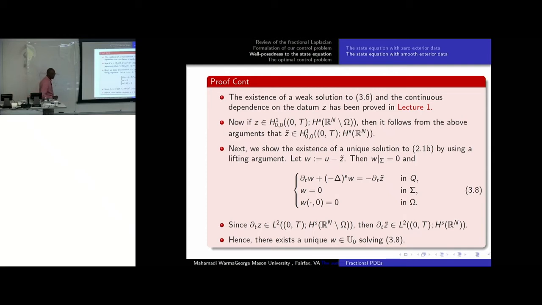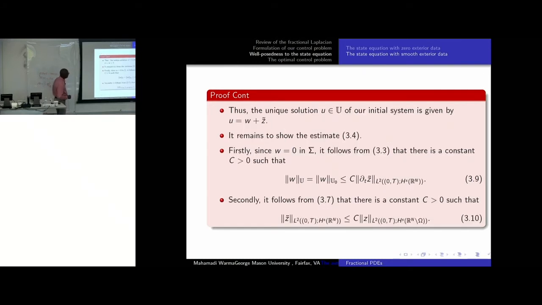Okay? Then if we have a unique solution W of this problem, then we can say that W plus Z tilde is a solution of our initial problem, which means the solution of our Cauchy problem with non-zero exterior data.